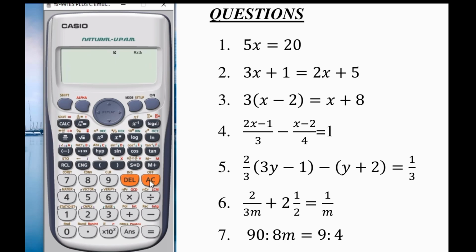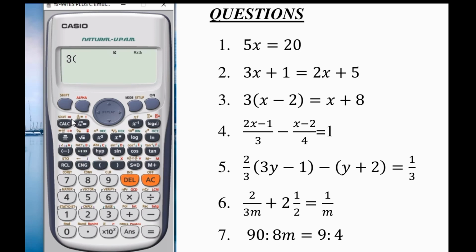Now let's move on to the third example. For the third example, we have 3 bracket x minus 2 equals x plus 8. As I initially stated, you have to input it into the calculator as it is in the question. So 3, then bracket open, x minus 2.